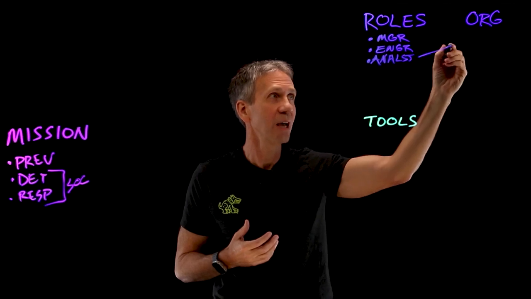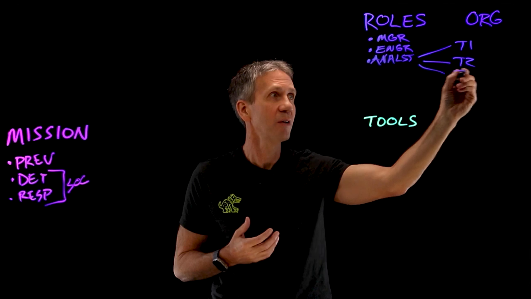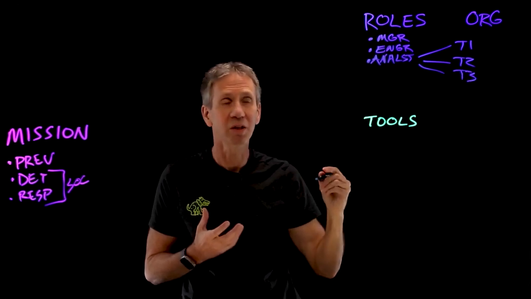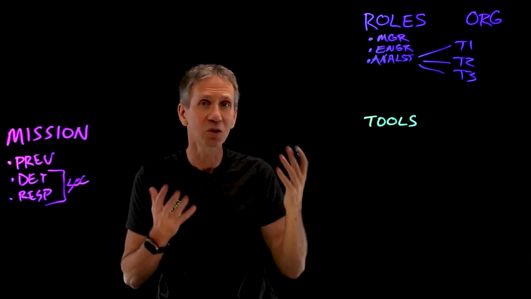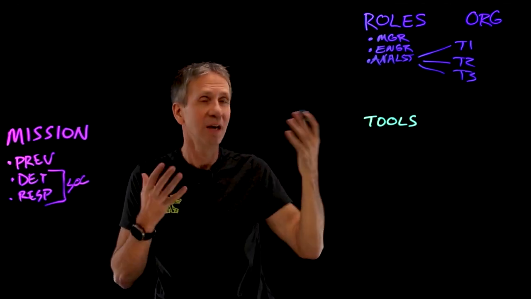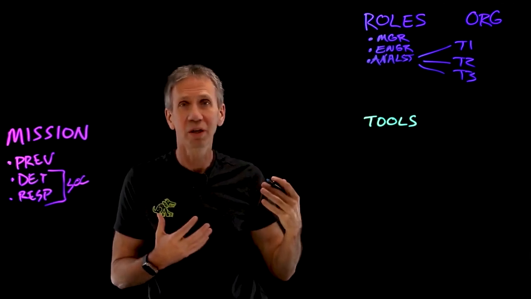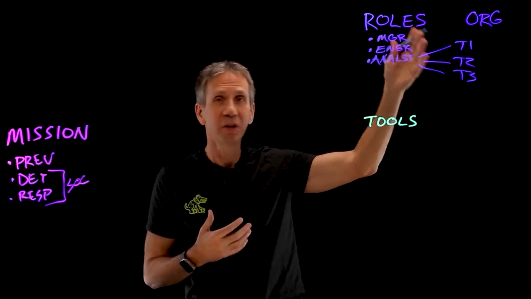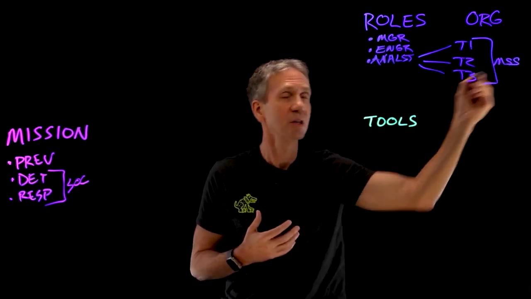Oftentimes we have SOC analysts that are organized in different tiers, depending on the level of complexity of the problem that they're dealing with. So a tier 1, tier 2, tier 3, where the tier 1 does the initial fielding of the issues, and then if it needs deeper investigation, tier 2 and tier 3. Very often these could be done in-house or could be done as part of a managed security service.